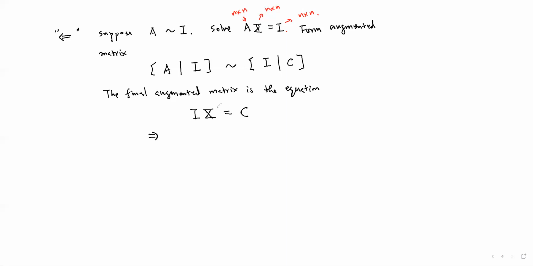Identity matrix times the unknown matrix is the unknown. So the unknown actually is this matrix C. Yeah, this is the solution of this equation.